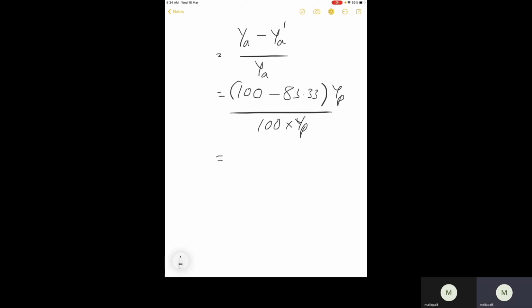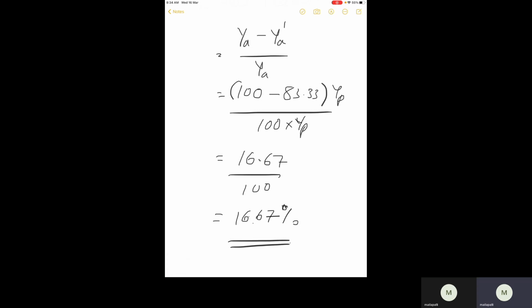And now you get 16.67 divided by 100, or we can say 16.67%. So this is the yield reduction because of the salinity.